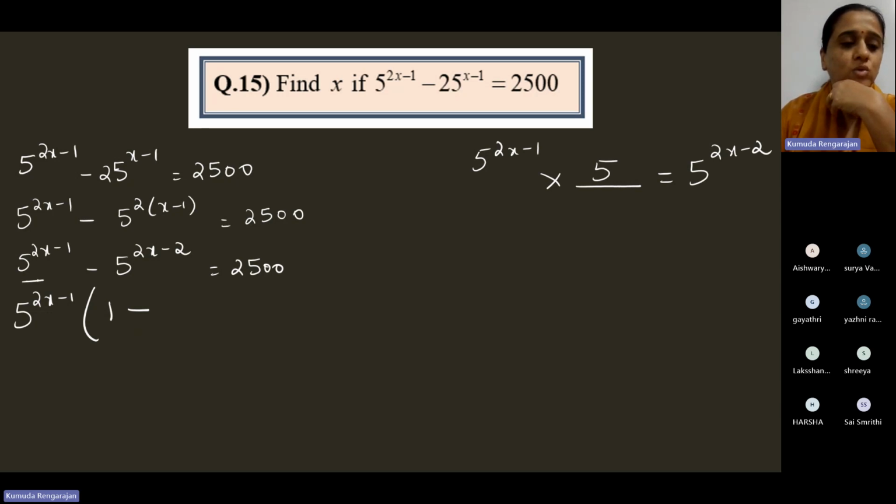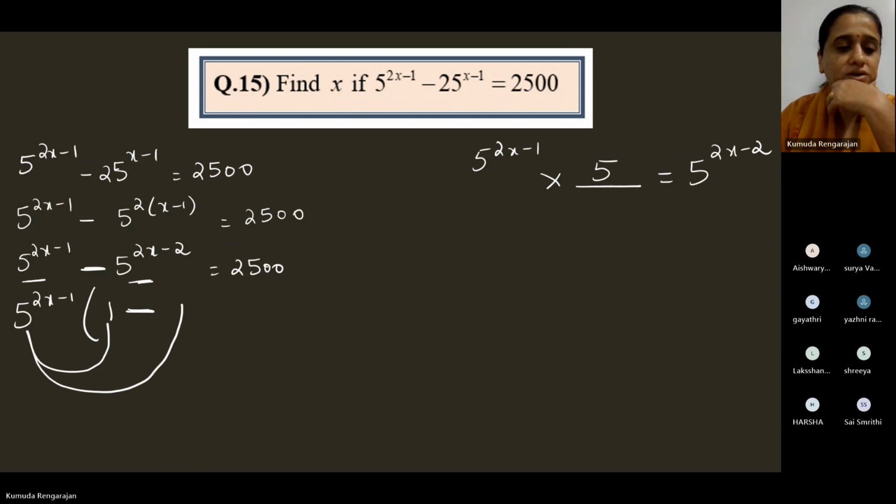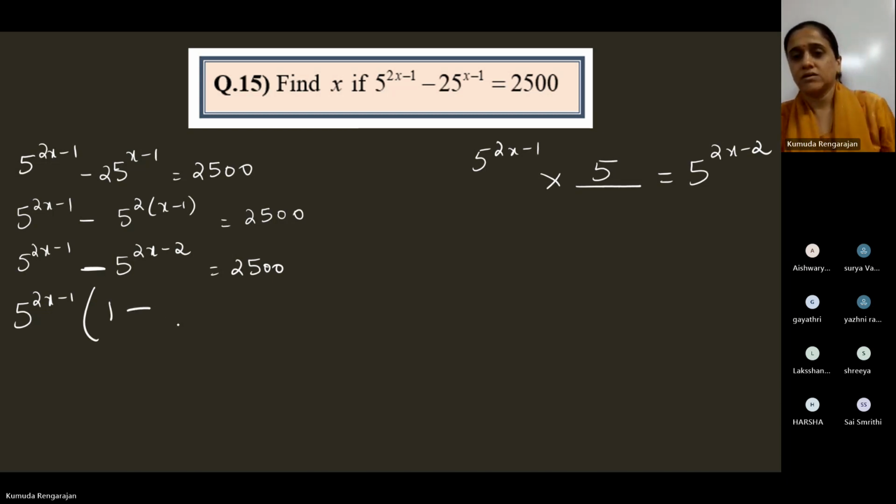Here we have 5 to the power 2x minus 1, here we have 5 to the power 2x minus 2. We have taken out 5 to the power 2x minus 1 common. So this into 1 will give you the first term. Minus. Now this into what will give you 5 to the power 2x minus 2?